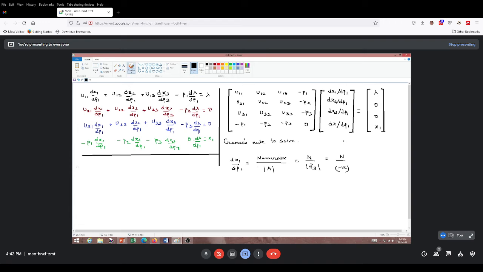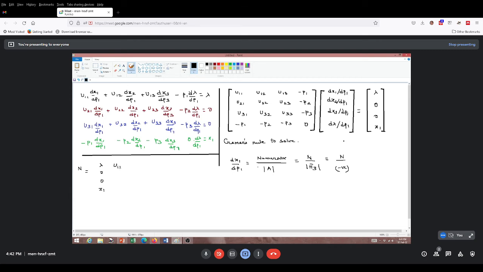So the numerator, we have to replace the first column by the C vector.